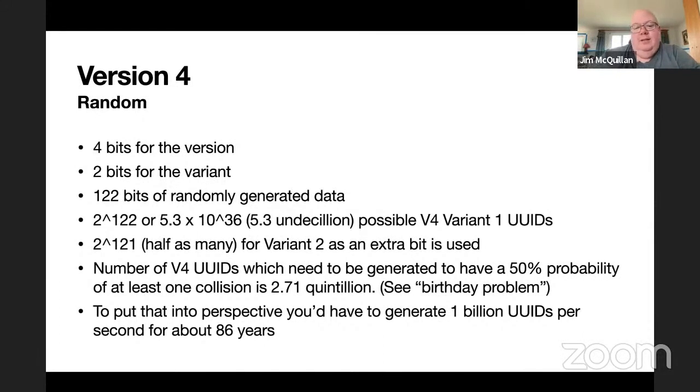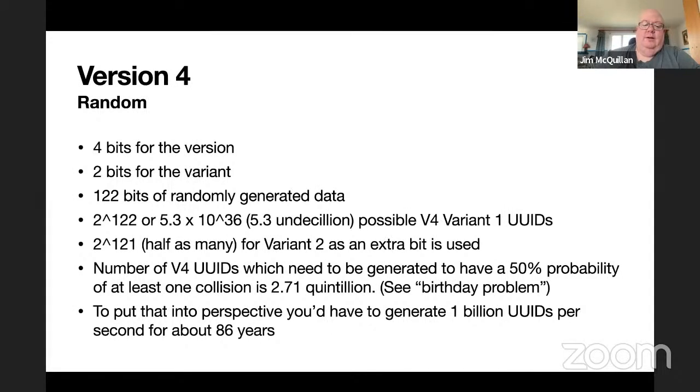So they use that to determine how many UUIDs you need to have generated to have a 50% probability that there's at least one collision. And the answer is 2.71 quintillion. That's, I don't know how many zeros.